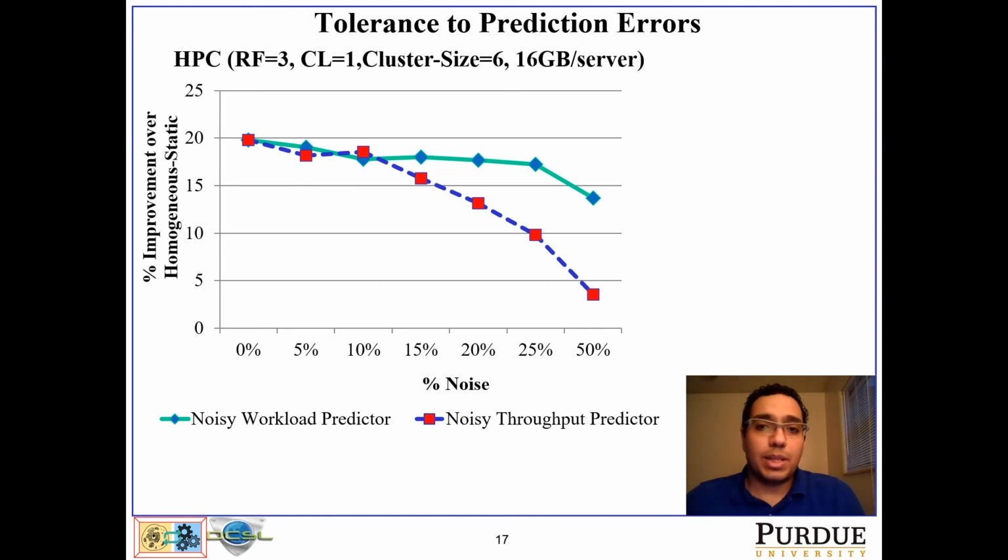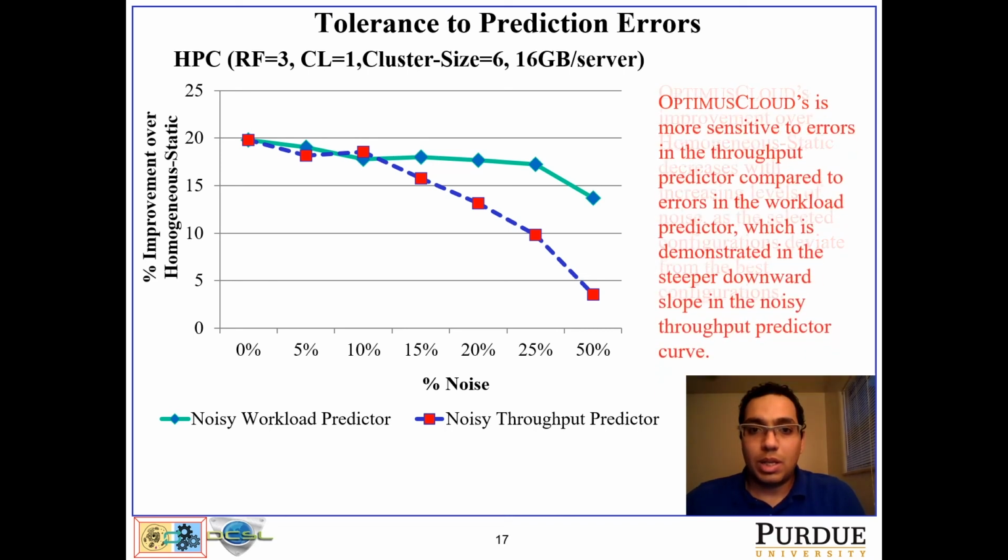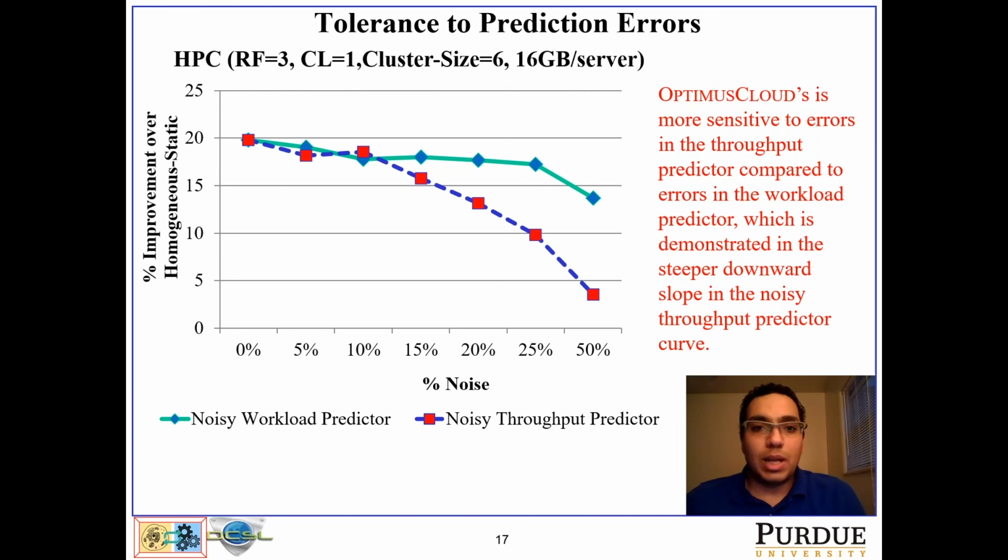As expected, the performance of Optimus Cloud over homogeneous static decreases with increasing levels of noise, as the selected configurations deviate from the best configurations. We also notice that Optimus Cloud is more sensitive to errors in the throughput predictor compared to the errors in the workload predictor, which is demonstrated in the steeper downward slope in the noisy throughput predictor curve.